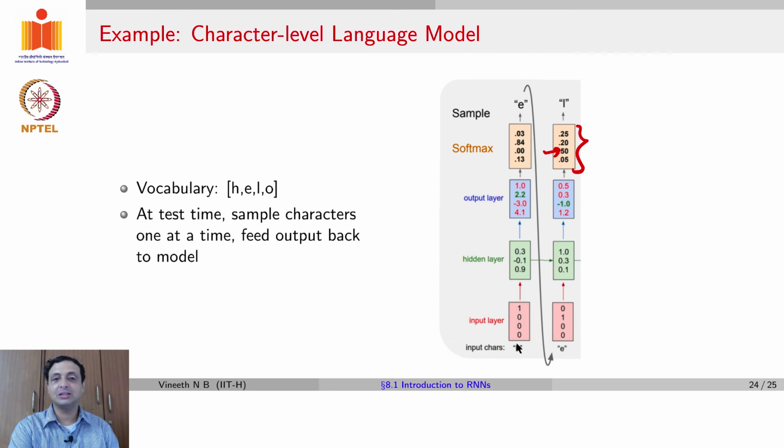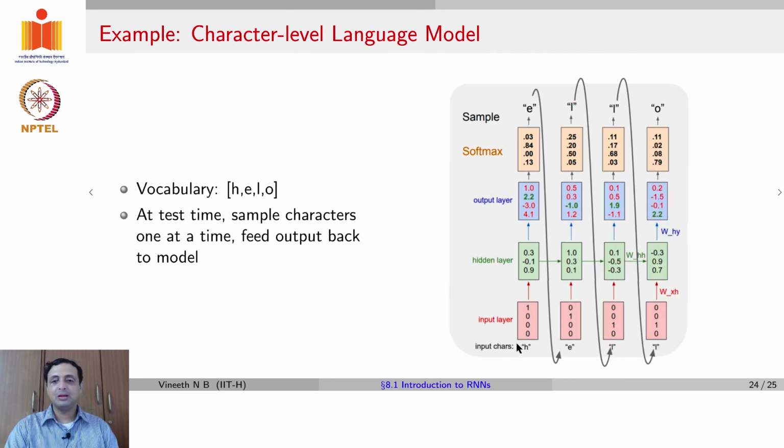The highest one is the third one, which is an L, and that's the output of the RNN at that time step. That L is then again given as input to the next time step, and L is denoted as 0, 0, 1, 0 because of the position of L in the vocabulary. Once again you do this process and it once again gives L as the output.